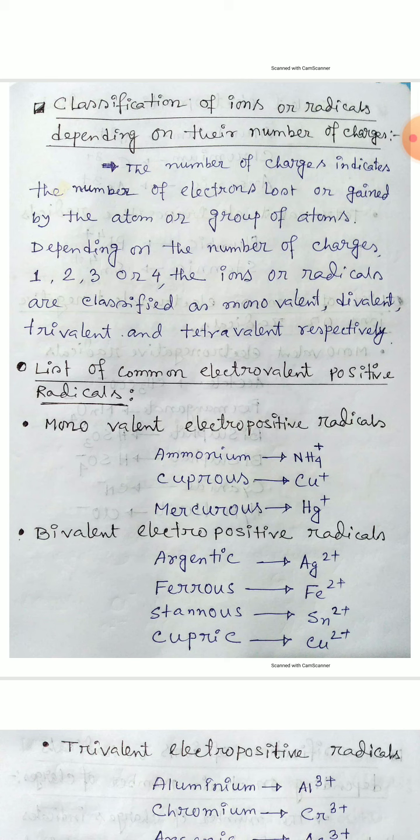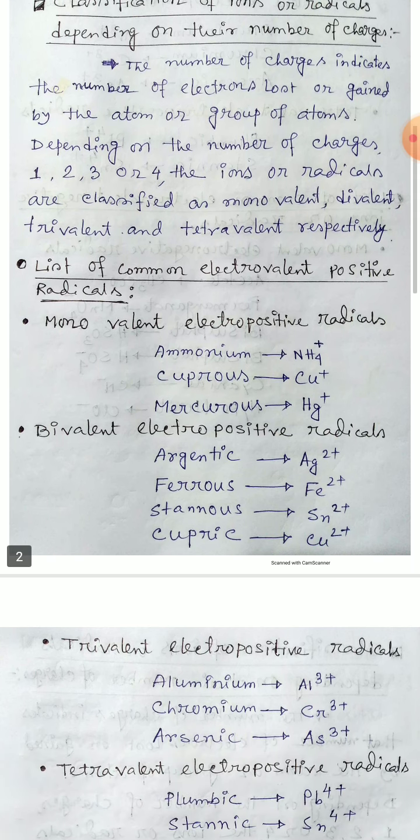Now bivalent electropositive radical, that is the charge is plus 2. Examples: argentic Ag2 plus, ferrous Fe2 plus, stannous Sn2 plus, cupric Cu2 plus.